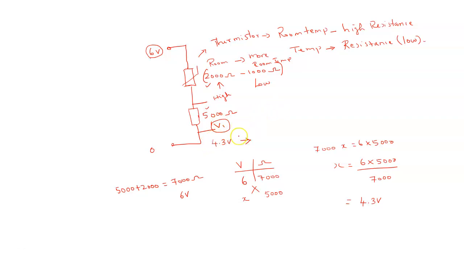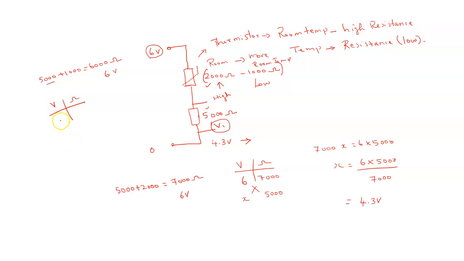Now what happens if the temperature increases in the thermistor? How does it affect the voltmeter reading across 5000? Again we do the same. 5000 plus 1000, it is now 6000 ohm, because as the temperature increases more than room temperature, the resistance decreases, right? The fixed resistor value will not change. Here 1000, so it is 6000 ohm. What is the available voltage? 6 volts.